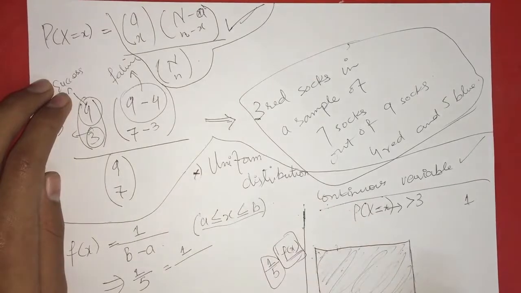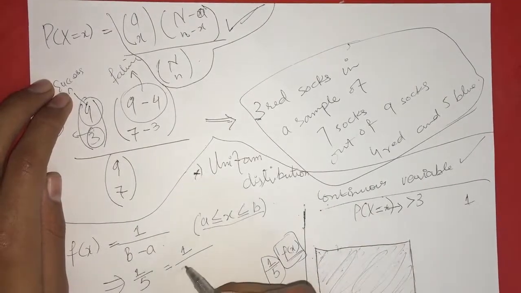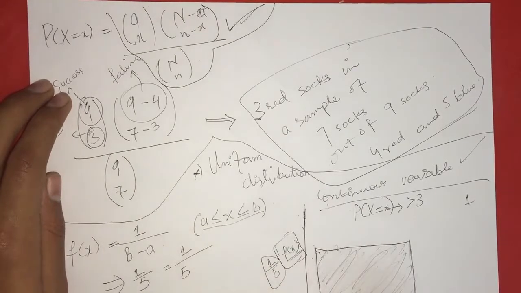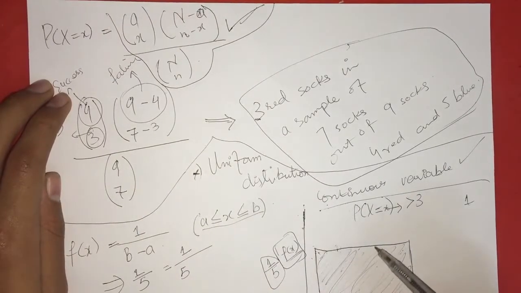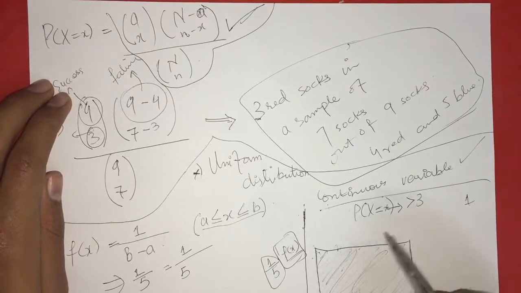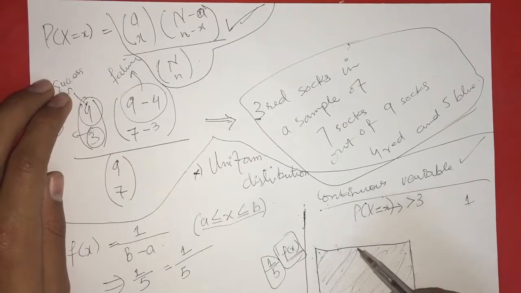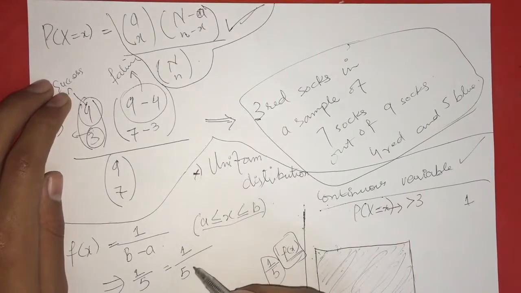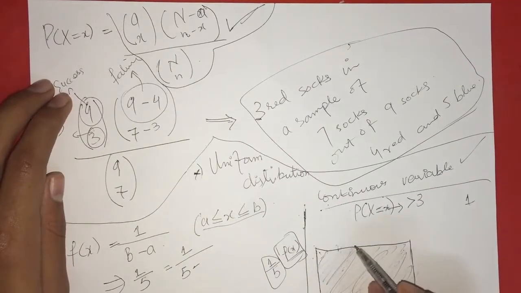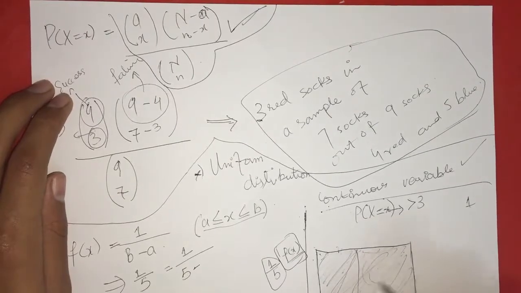So your b is 5 and your a is 3, because you want to find the uniform distribution from when x takes on the value of little x that is greater than 3. So you have 5 minus 3, because if you cut this part out, you get the probability of this area.